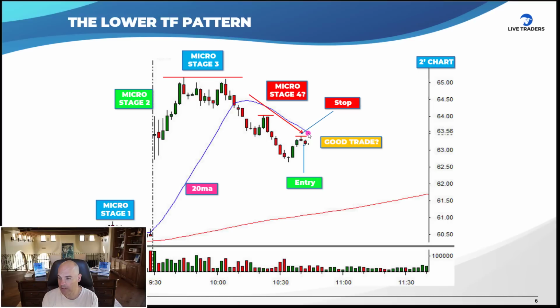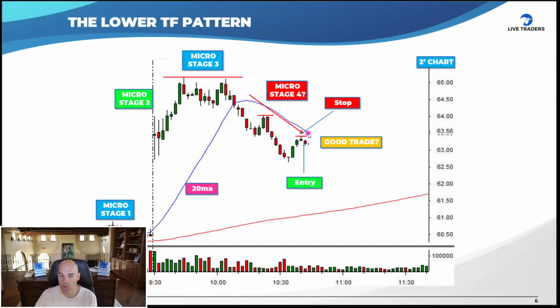Guys, what confirms a pivot? Take your time, think about it. I mean, does a tiny little topping tail confirm a pivot?